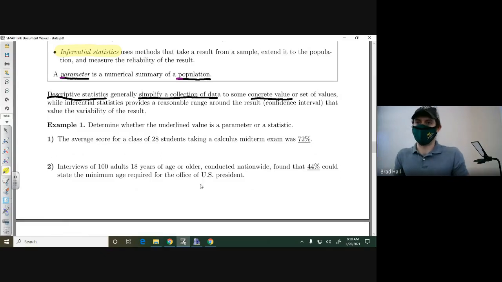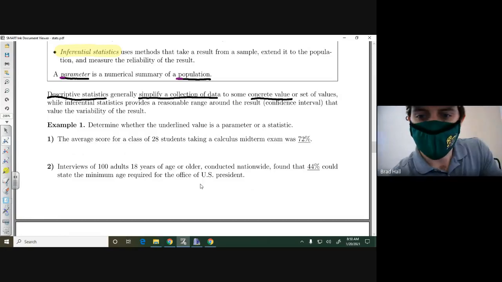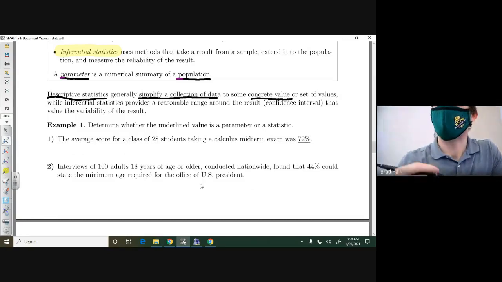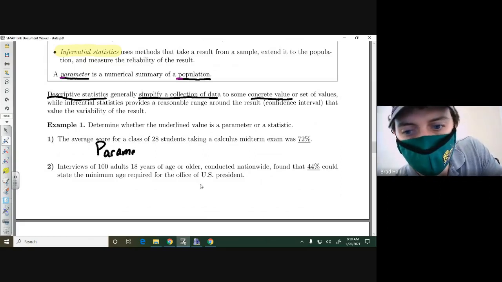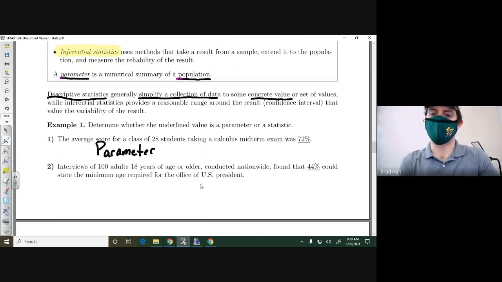This would be a statistic if, out of the 28 students, I took 15 random students and averaged their midterm exam. So the 28 students in the class would be the population, and since it's a population, we say that this is a parameter.